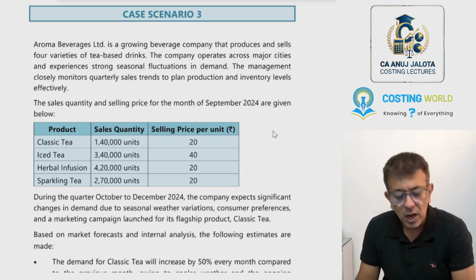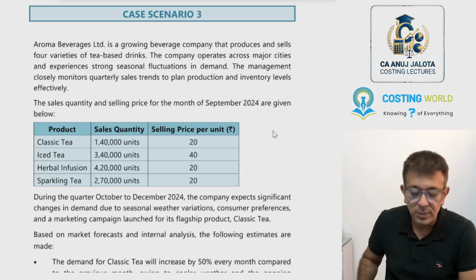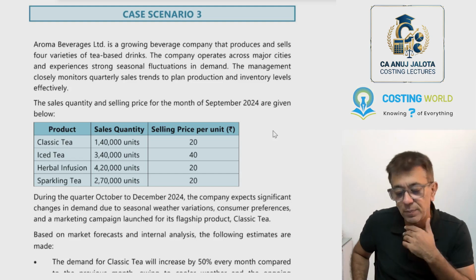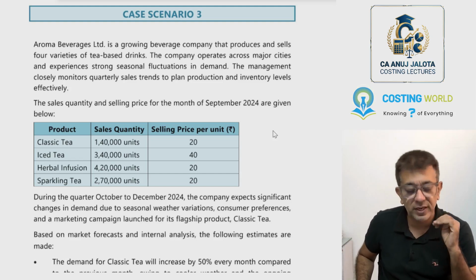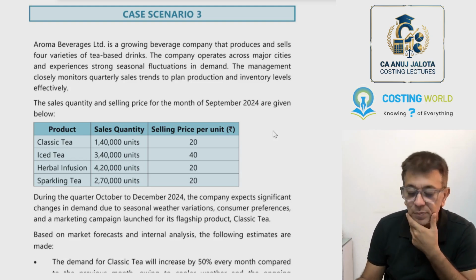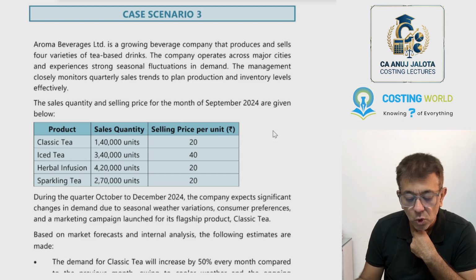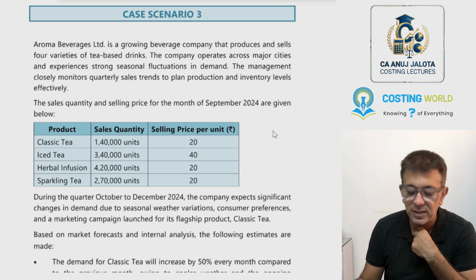Aroma Beverages Limited is a growing beverage company that produces and sells 4 varieties of tea-based drinks. The company operates across major cities and experiences strong seasonal fluctuations in demand.